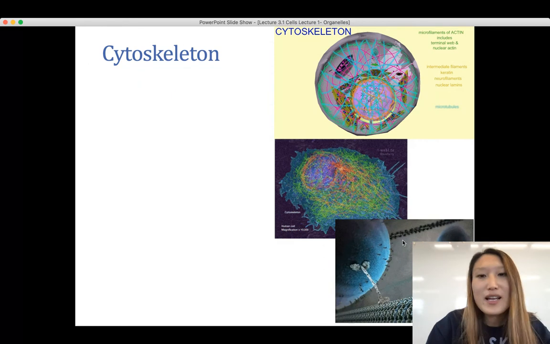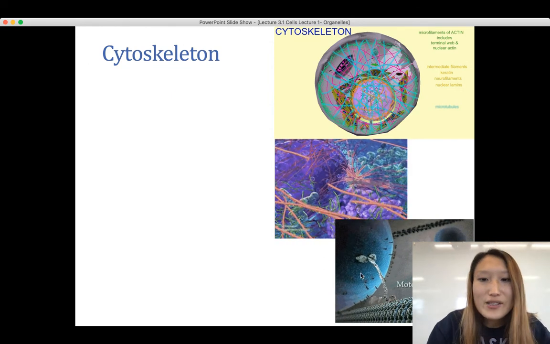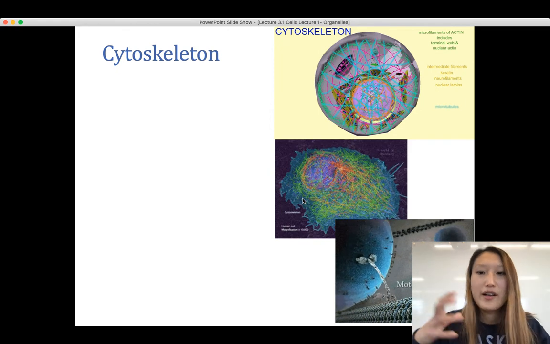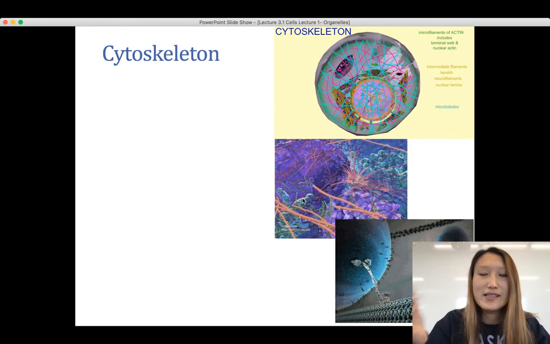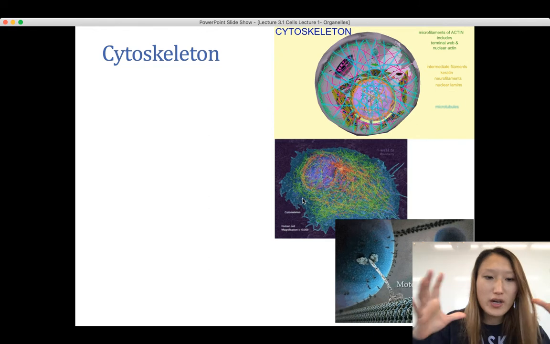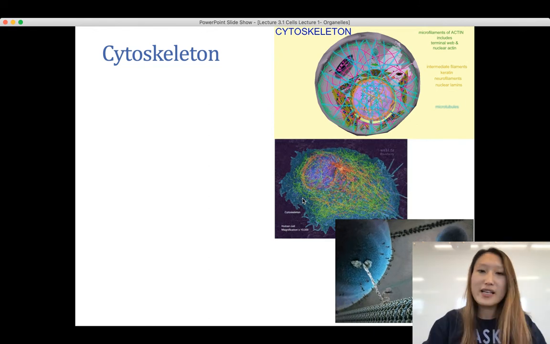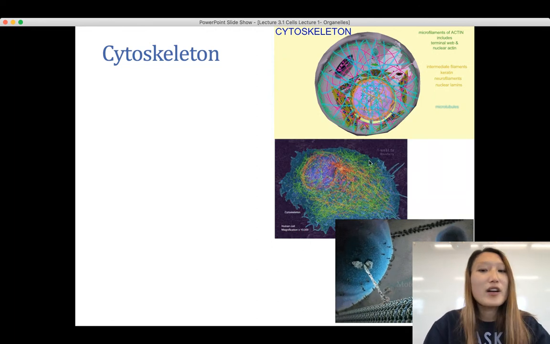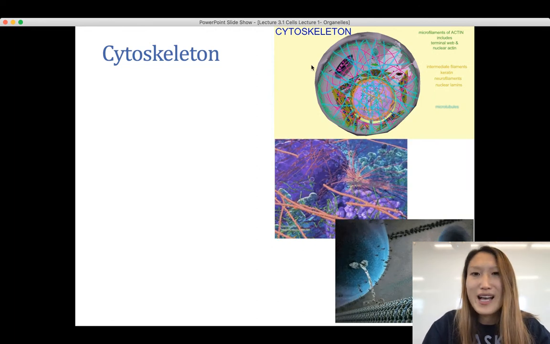Okay? Cytoskeleton, I think this is our last one. Cytoskeleton is inside the cell. It's kind of this network of almost like train track inside the cell. If you think about train track, it connects all different parts of a city or a country, and trains get to move on the train tracks, right? There are lots of organelles inside the cell.